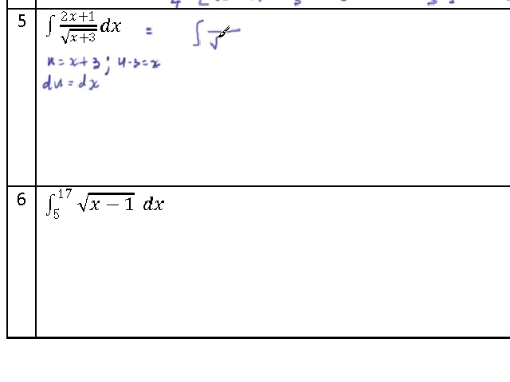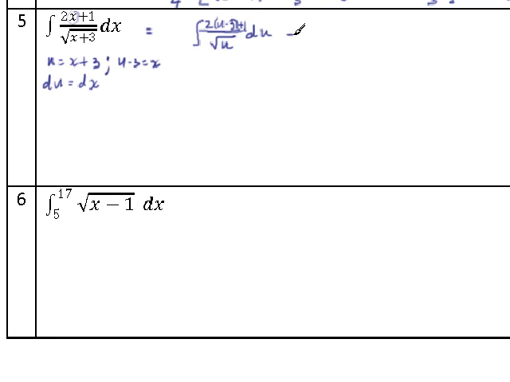In the denominator, we just have square root u. Now, dx is equal to du, so here we put just du. And x is equal to u minus 3, so I need to put a u minus 3 right here. So over here we have 2 times u minus 3 plus 1.